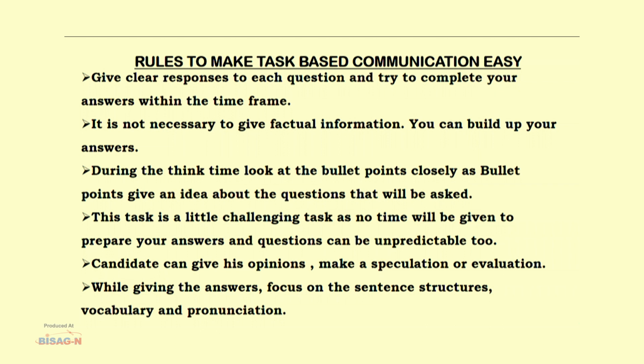Hence, the difficulty level of this particular task is high. Last but not the least, the candidate can give his own opinions, his evaluations, speculations. Also, he can use the correct sentence structures, vocabulary, and pronunciations to make sure he gets a higher CEFR score.